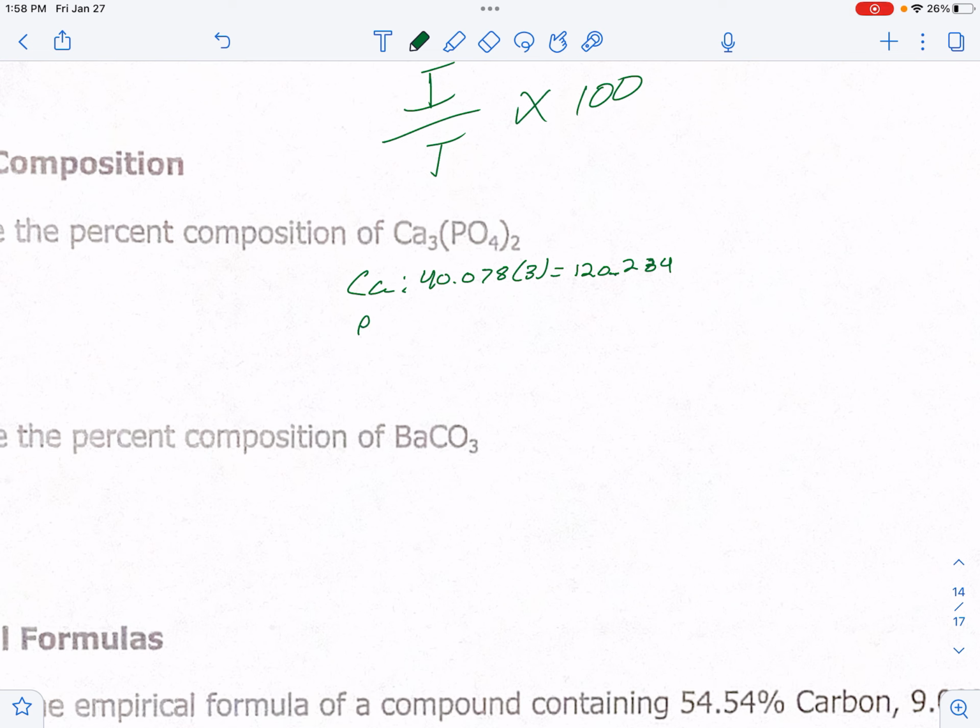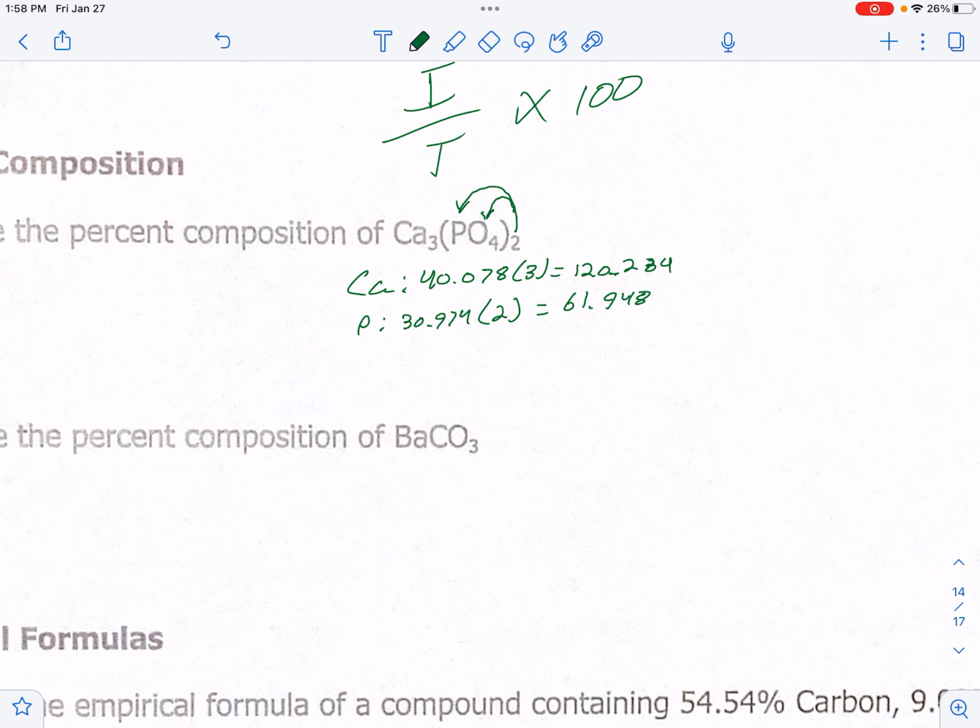Now, phosphorus, please be careful. This parentheses right here means this 2 outside needs to multiply into everything. So that actually means I have 2 phosphoruses. Phosphorus is normally 30.974. There are 2 of them, which comes out to 61.948.